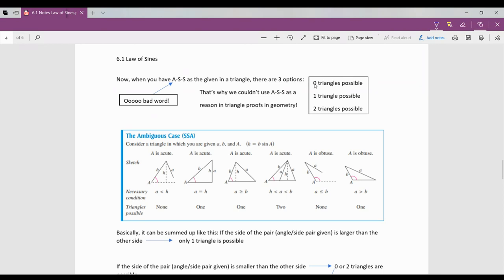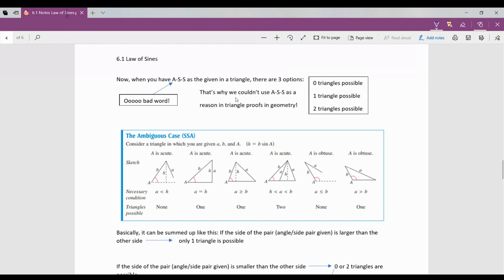So you can either have zero triangles possible, like it's not possible to create or construct a triangle with the given sides and angle measurements. You can have one triangle possible, or there are two possible triangles that can come about from that measurement.